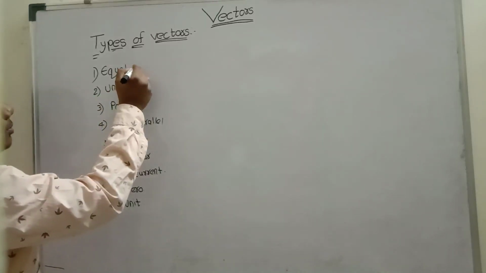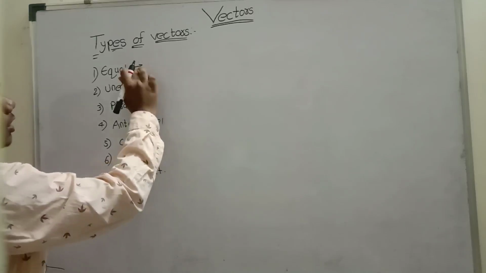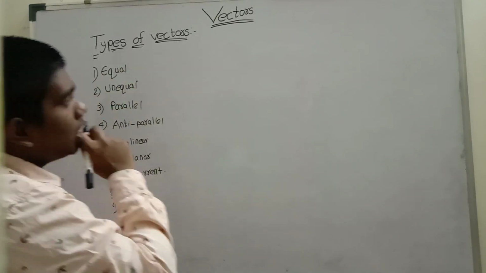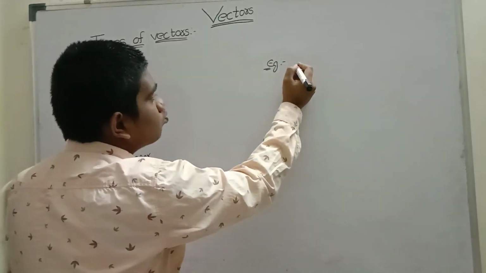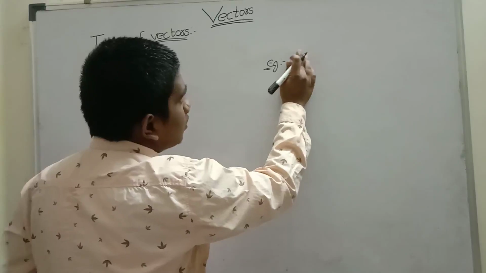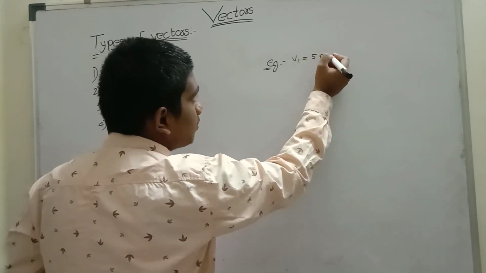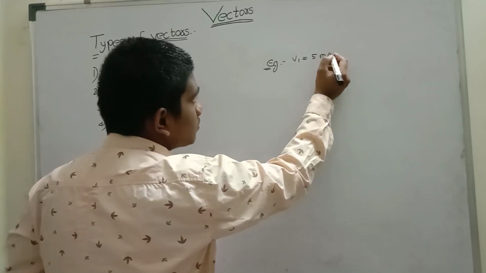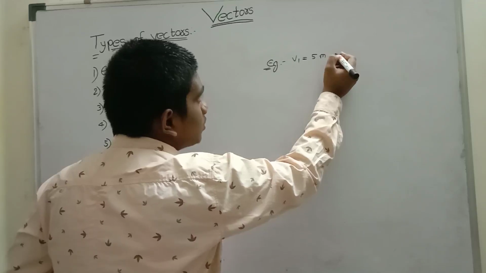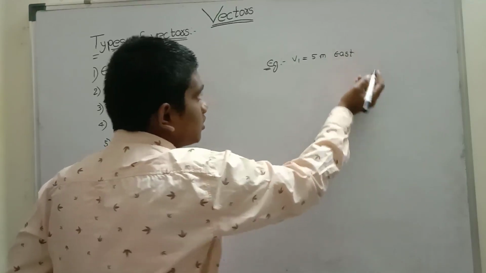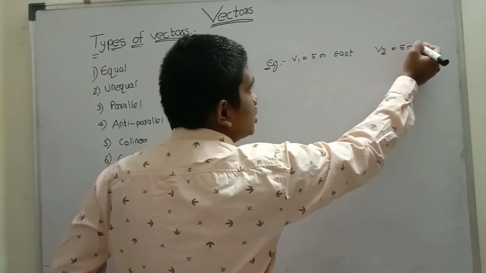Equal vectors mean those whose magnitude and direction are both equal. Let us see one example. One vector V1 is equal to 5 meter east direction, and another, V2, is also 5 meter east.